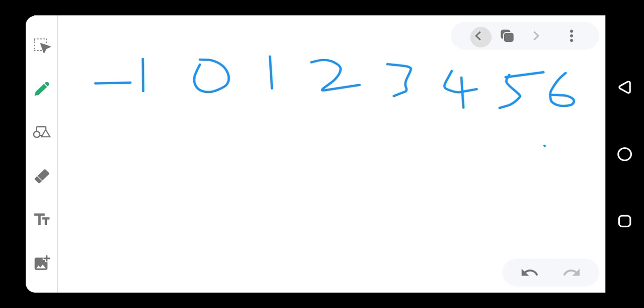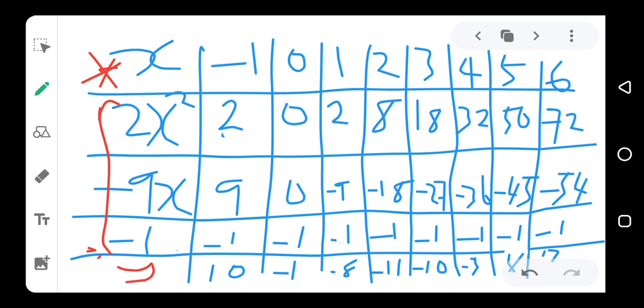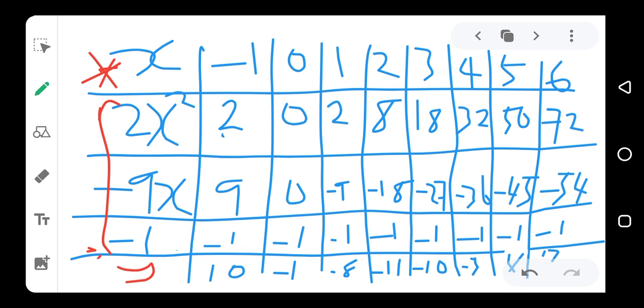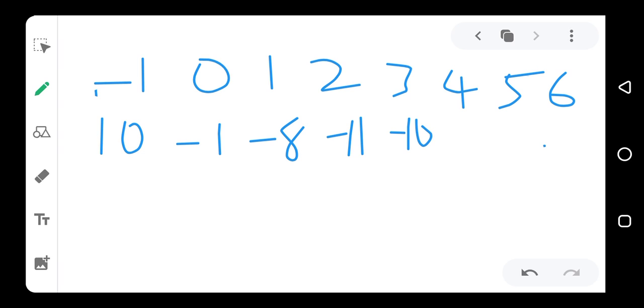Minus 1, 0, 1, 2, 3, 4, 5, 6. Then the values you got for y: 10, minus 1, minus 8, minus 11, minus 10, minus 3, 4, and 17.